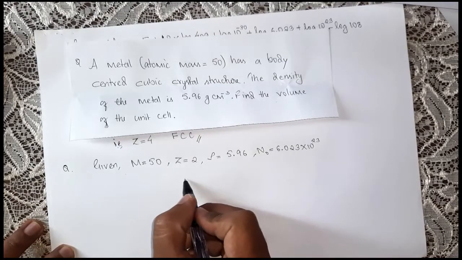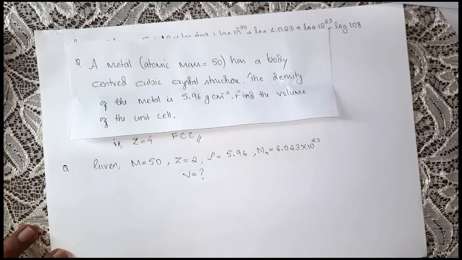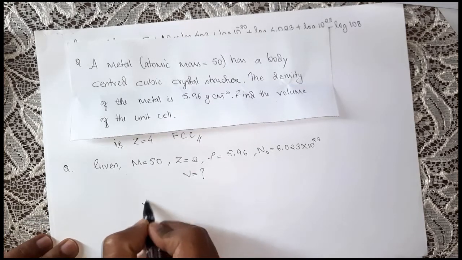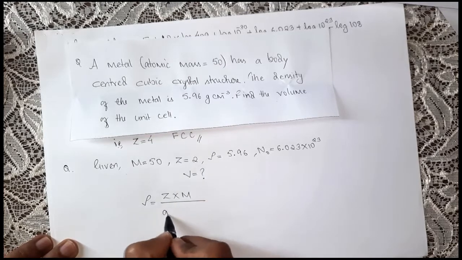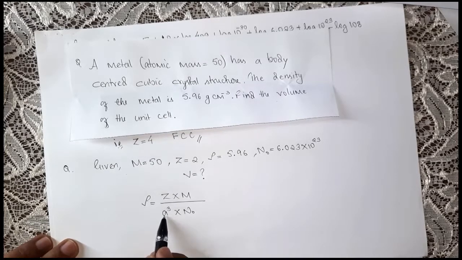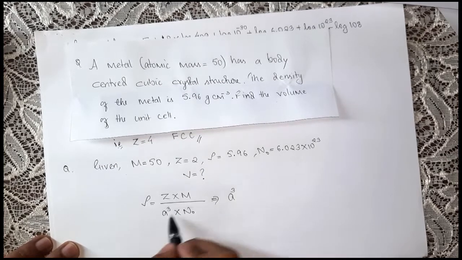So what are you supposed to calculate? You're supposed to calculate the volume, V out here. So let's write the formula again. This is our formula: density = Z into M divided by A cube into N naught. Instead of A cube, we are going to write V. I'll just change their places.